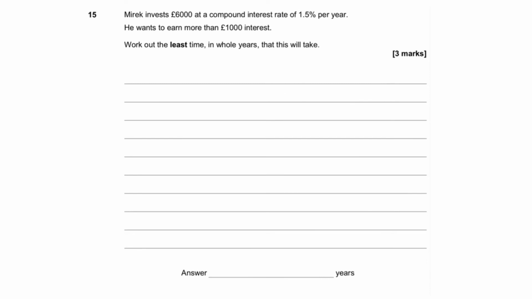For example, Mirrick invests £6,000 at a compound interest rate of 1.5% per year. He wants to earn more than £1,000 interest. Work out the least amount of time in whole years that this will take. So let's start with our formula.